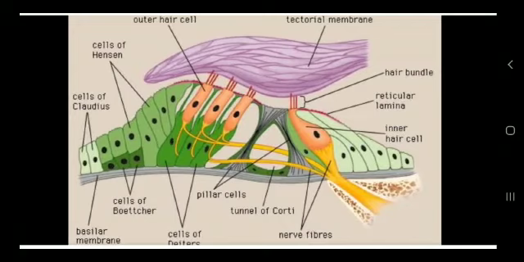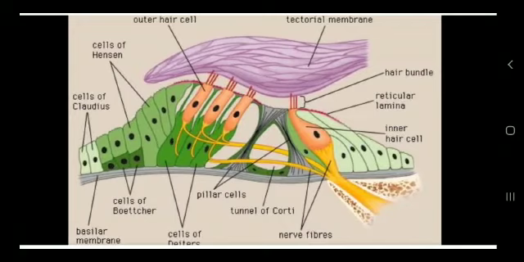These are about 3500 in number. These cells are probably more important in the transmission of auditory impulses. The outer hair cells are about 20,000 in number and are arranged external to the outer rods. These are responsible for detecting the presence of the sound.